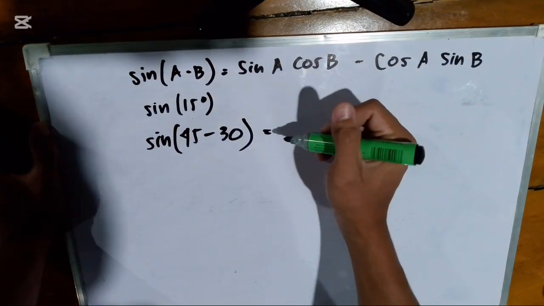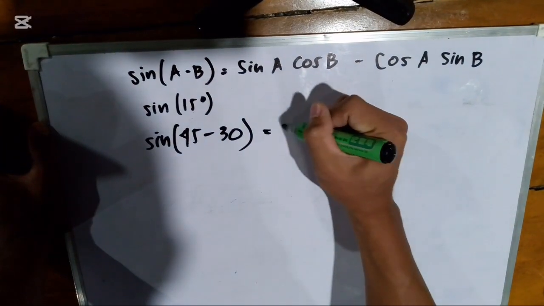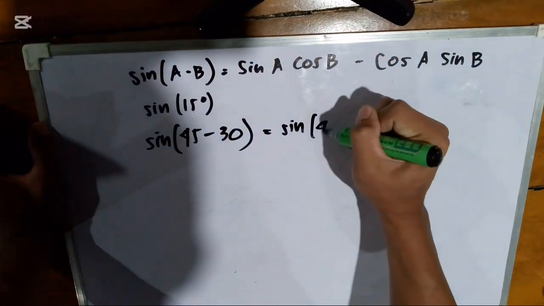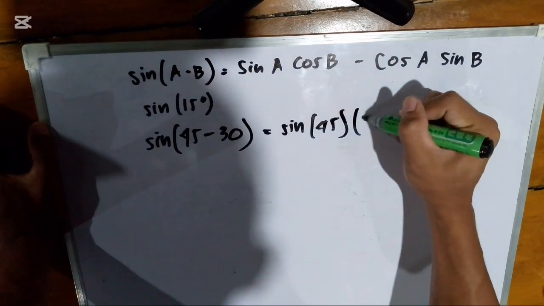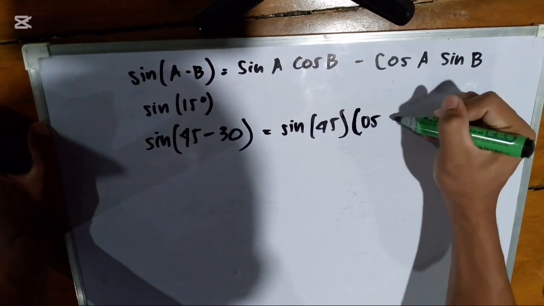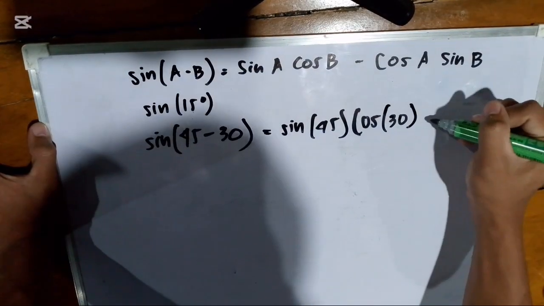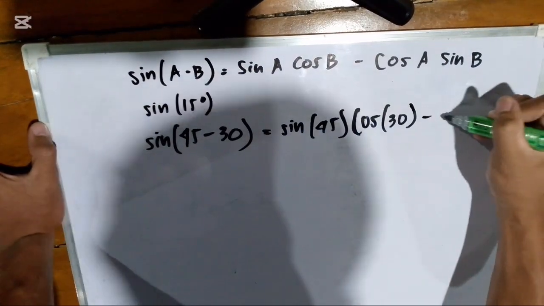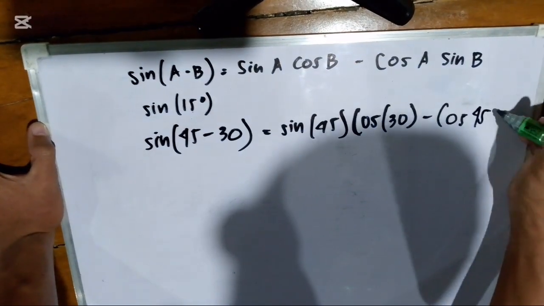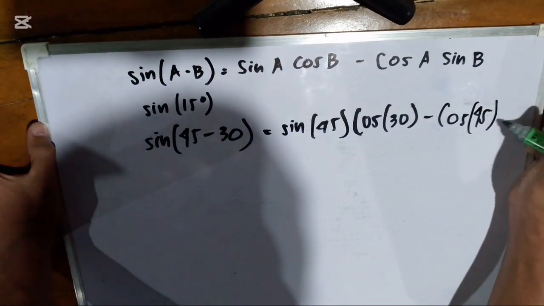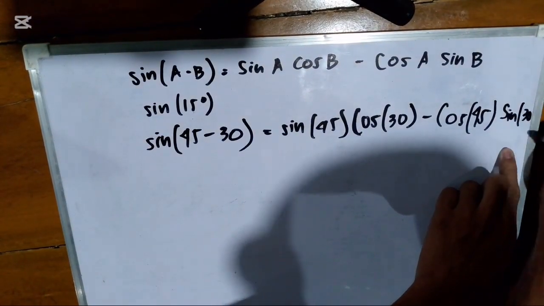And now let us substitute: sine A for 45, cosine B or 30 degrees. Don't forget the minus sign, cos A or 45 degrees, and sine B or 30 degrees.